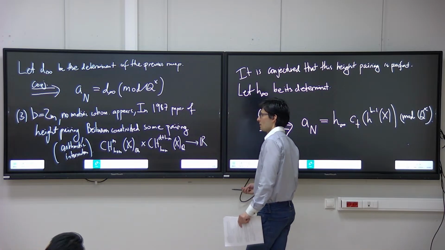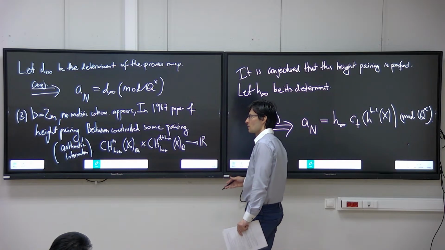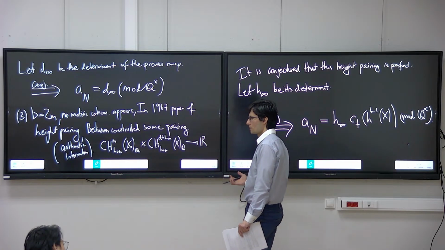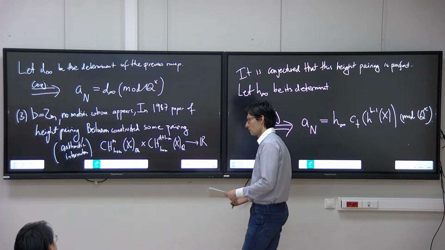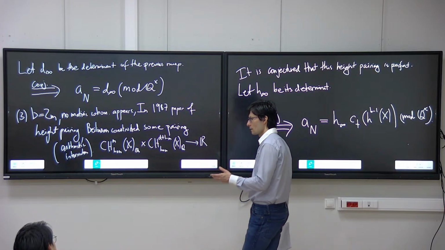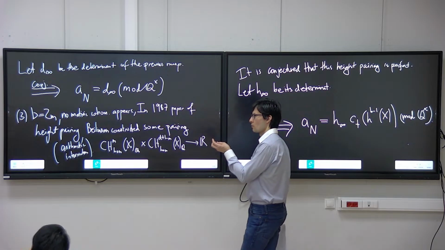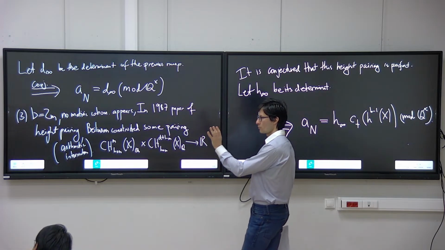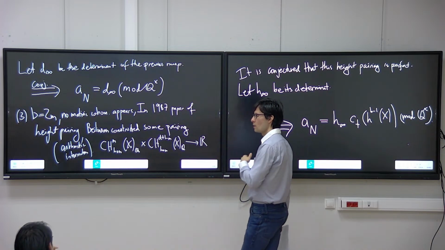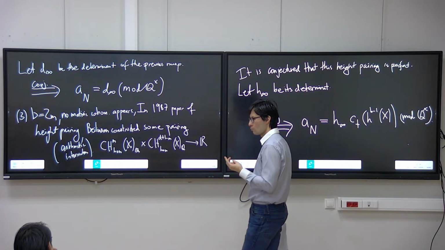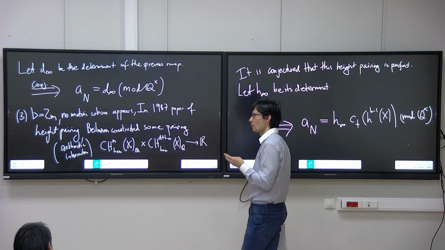This is an arithmetic question, but it's hard to study, like Diophantine equations. So the idea is, let's use analysis to study it. An L function is a generating function for these values that I want to know: the number of F_q points, the number of F_q squared points, and so on. So let's write down a generating function in the hope that I can use analysis. And that generating function is exactly an L function. So now the study of an L function is very natural.